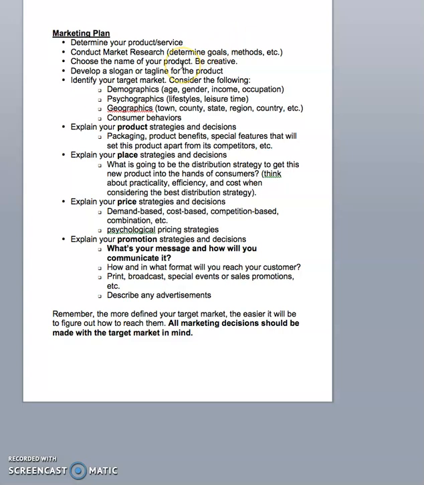Choosing the name of your product, developing a slogan or a tagline. Some local small businesses may not have that, but you certainly could. As far as creating a logo would be something.